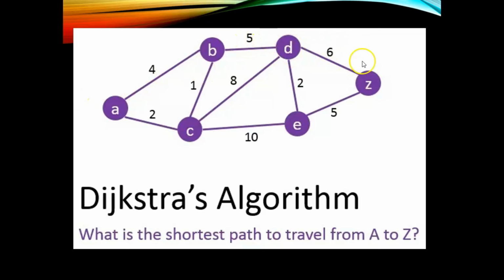This will give me 15 kilometers, compared to moving in the other direction, which is about 17 kilometers. There can be other paths which, when you check yourself, may be lesser than that, which you can take into consideration before deciding which one is the shortest path to travel from node A to node Z.